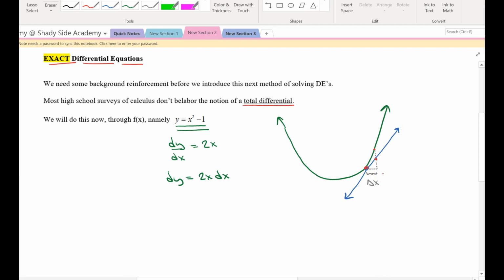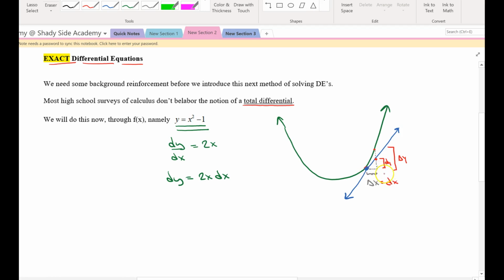What's important to distinguish is that when you change x, there are really two different changes in y. The change in y of the function is delta y. The change in y of the tangent line is dy. Similarly, the change in x of the tangent line we call dx, and the change in x of the function we call delta x. But as you can clearly see here, delta x and dx are the same.